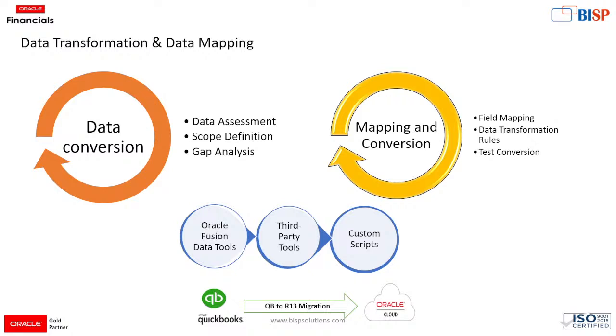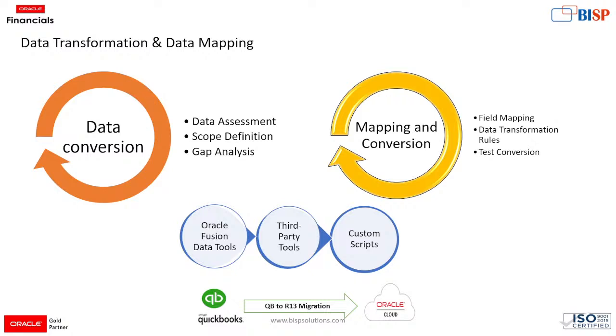Second one is data transformation rule. You can provide the defined rules for transforming data from source QuickBooks format to Oracle Fusion. It will help in transforming the required data so that it is compatible with the Oracle Fusion system.